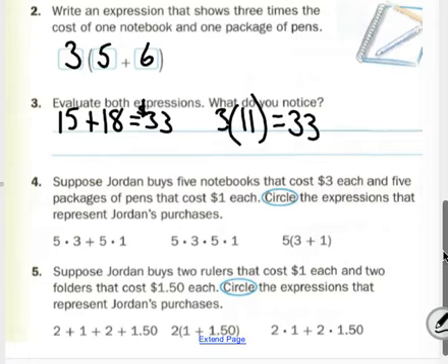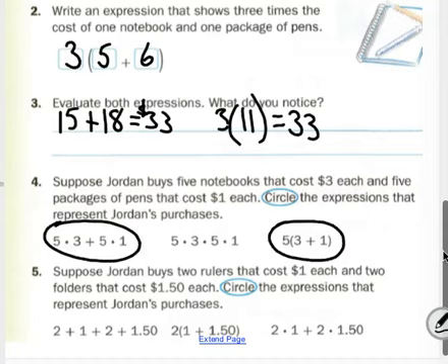That seems like it would work. All right, this second one here, 5 times 3 times 5 times 1. No, we want to combine those two, not multiply them. And then this one, well, 3 plus 1 is 4, and 4 times 5 is 20. So this one seems to work because that gives you a total of $20. But then this one also seems to give you a total of $20. So it seems to work either way.